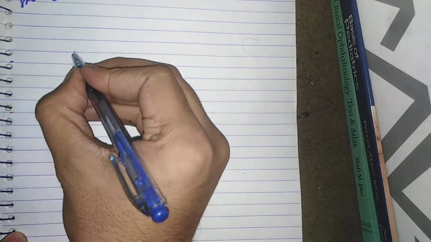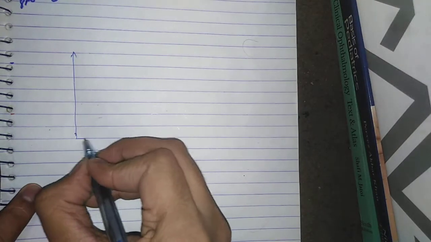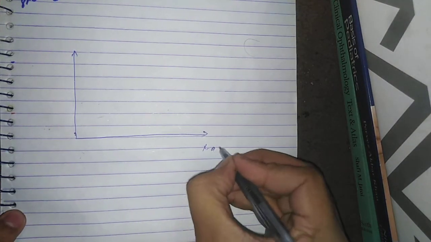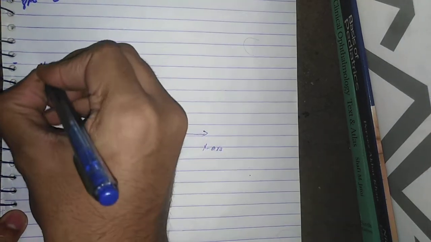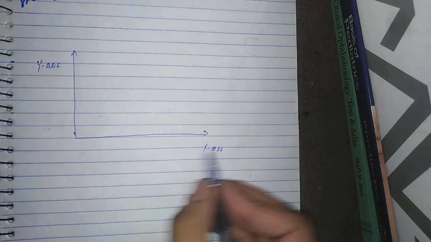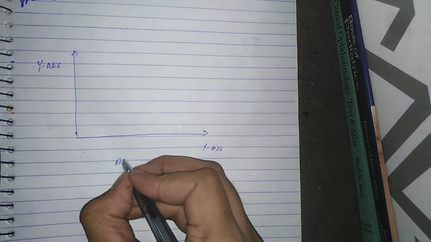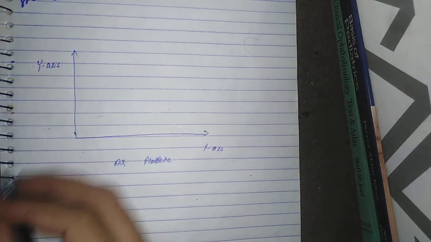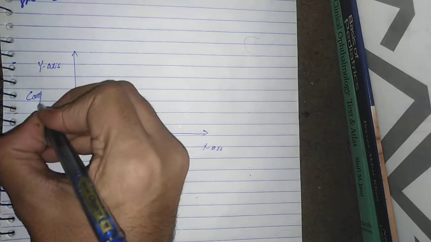Now I will draw a tympanogram here. Let's suppose these are two axes. This is the x-axis and this is the y-axis. In a tympanogram, on the x-axis there is air pressure, while on the y-axis there is compliance.